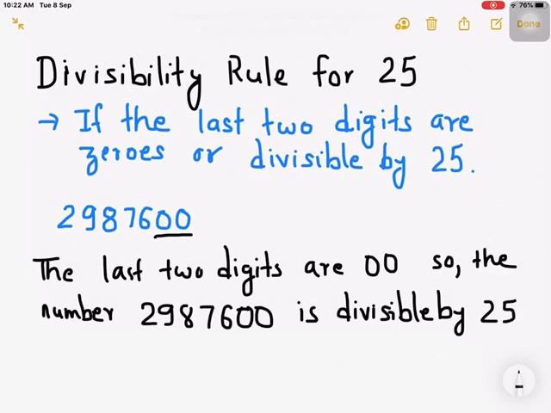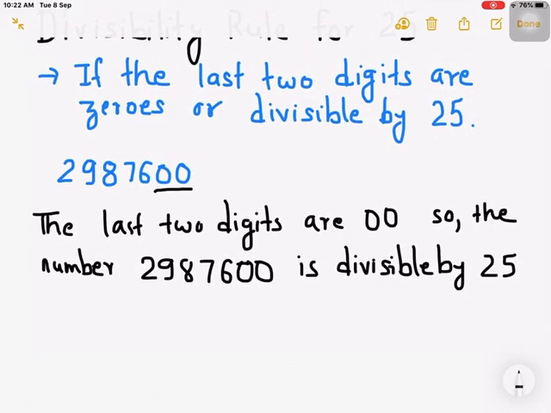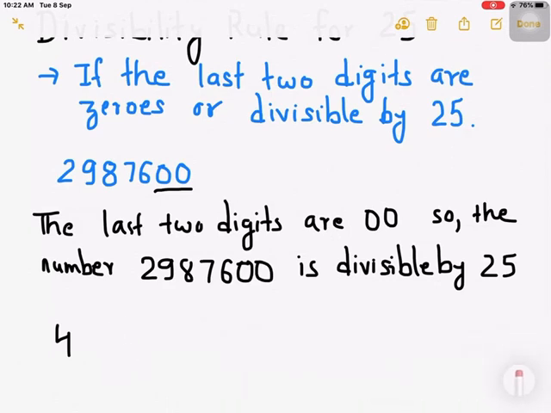You can say it in this way. Okay, so if the two zeros are not given, then how do we do the calculation? Let me take any number like 4724850. The last two digits are not two zeros. So what do we have to do?